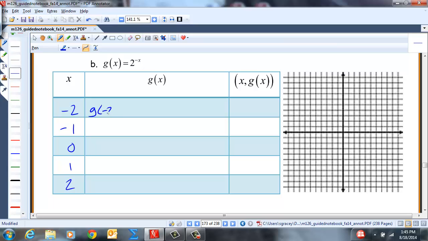So g at negative 2 will be 2 raised to the negative negative 2, which is 4. And then g at negative 1 is 2 raised to the negative negative 1, which is 2.